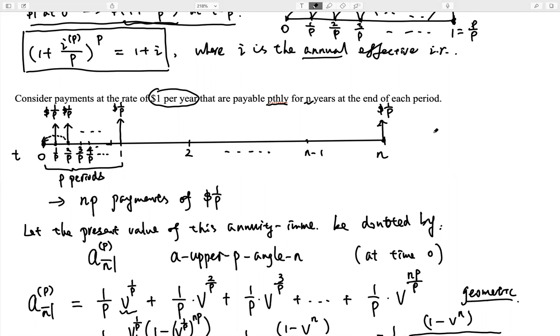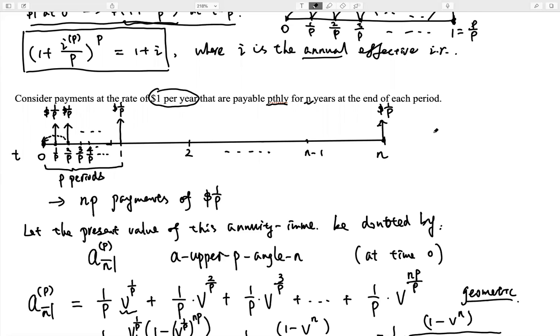Before, we have only handled the payments for each year, right? The one payment for each year is either at the beginning or at the end. That's okay. That doesn't matter. But we have never dealt with multiple payments in a year. But time is a relative concept, right? You can well name 1 over p as 1.